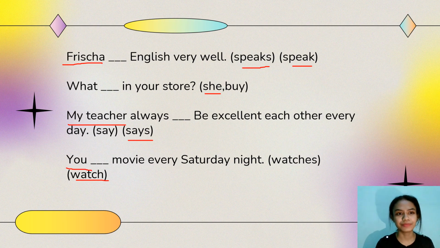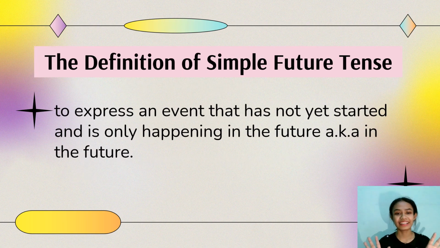Next, we will enter the simple future tense. The definition of simple future tense is to express an event that has not yet started and is only happening in the future.